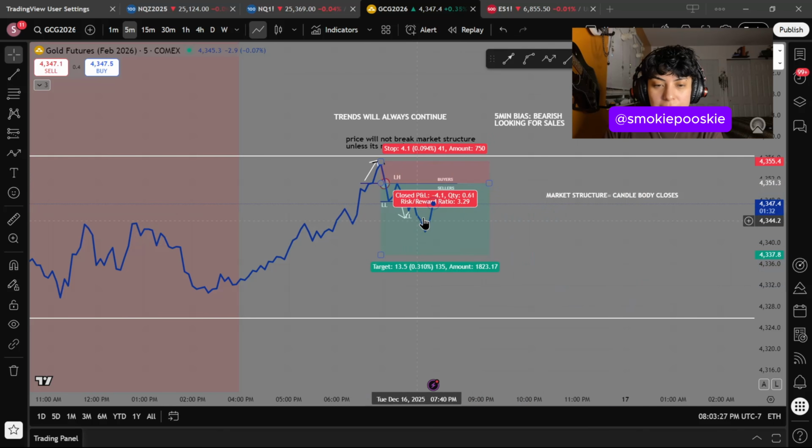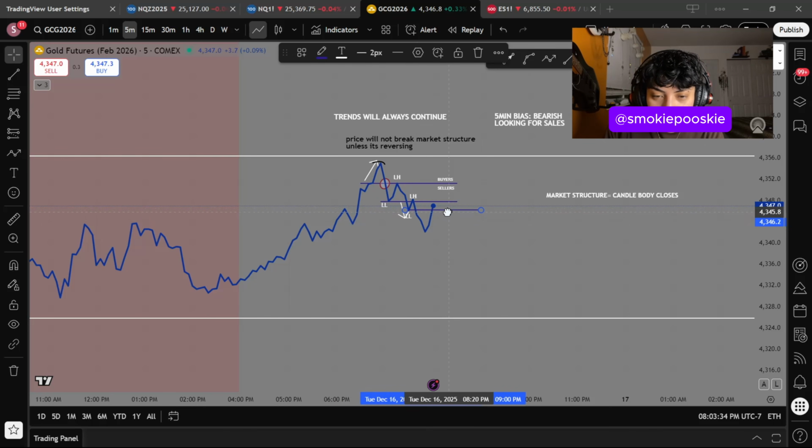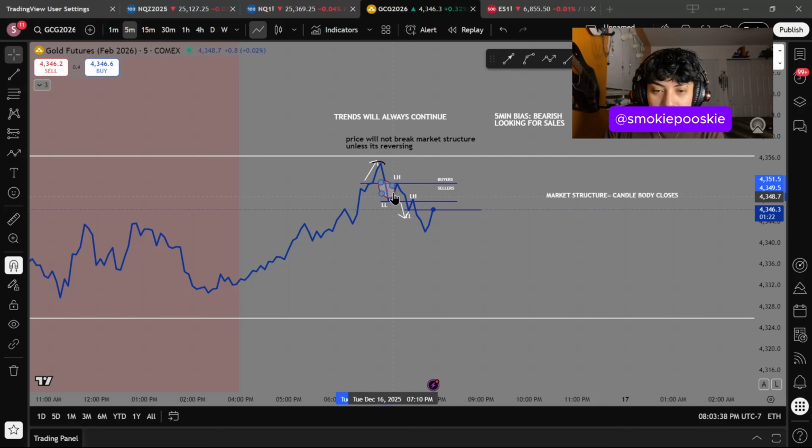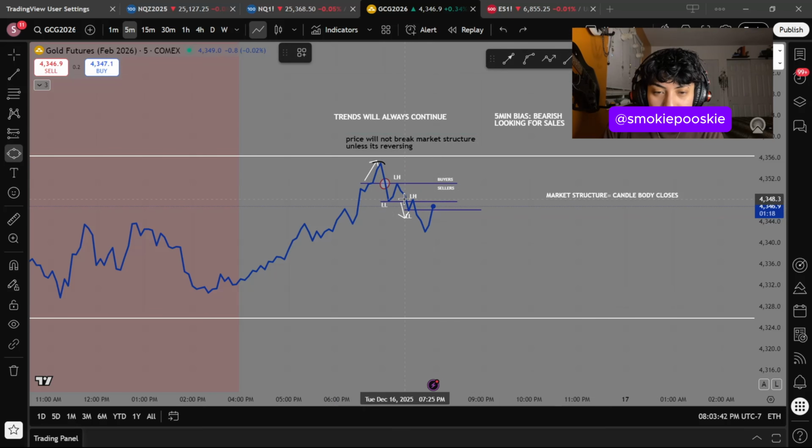So right here, tiny indication all the way down to this level. Let's delete this real quick. So price, tiny indication all the way down to this level right here. So right here, this is the same exact thing. Price had a break right here, and we're still on the 5-minute.